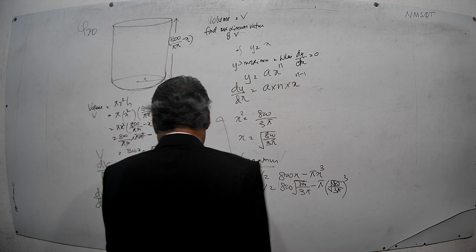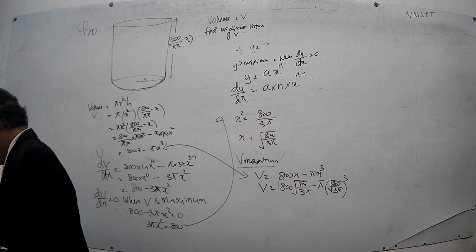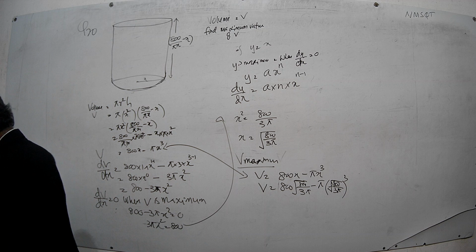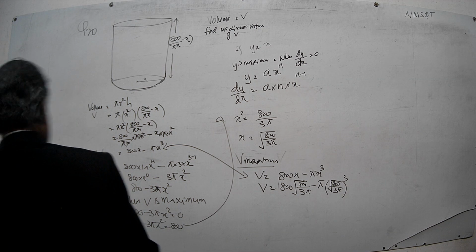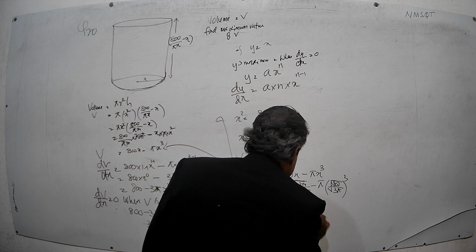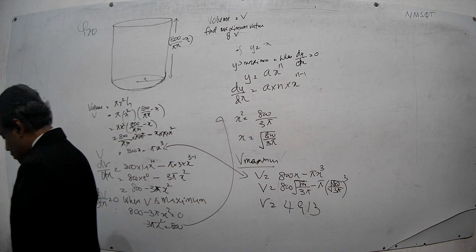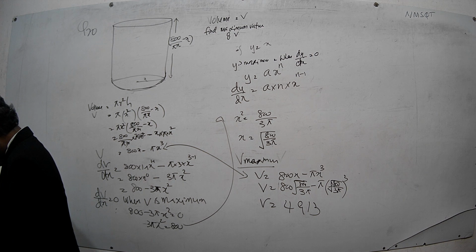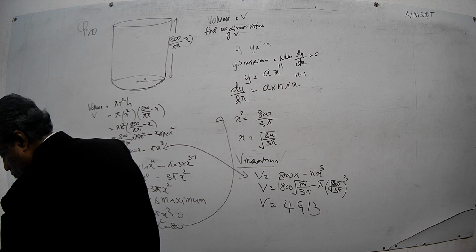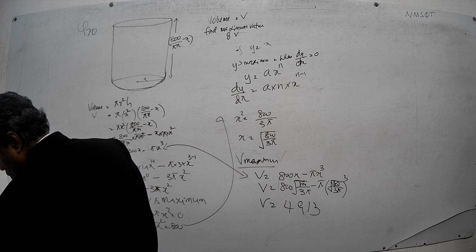Yes, V equals 4913. Then they say to the nearest whole number.